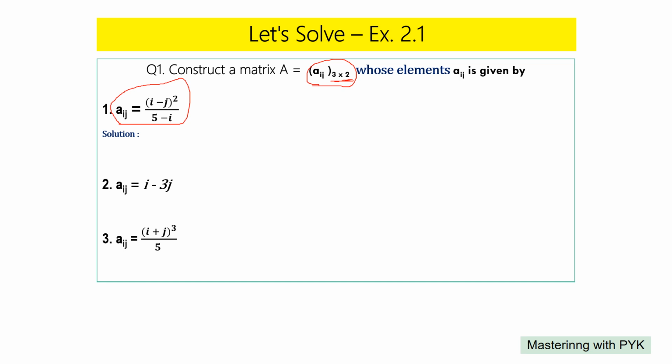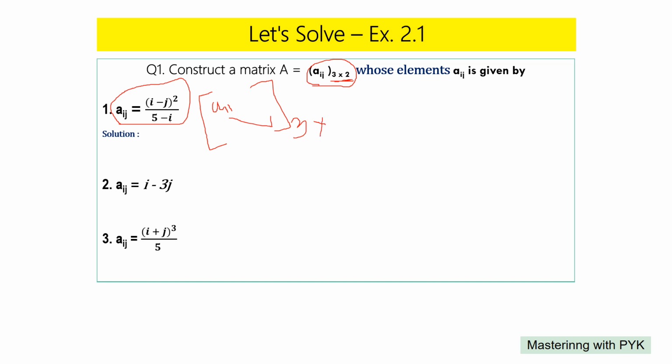So we need to find out each element of a matrix represented with Aij. So we will have to find A11, A12 and so on till we get the order of 3 cross 2.